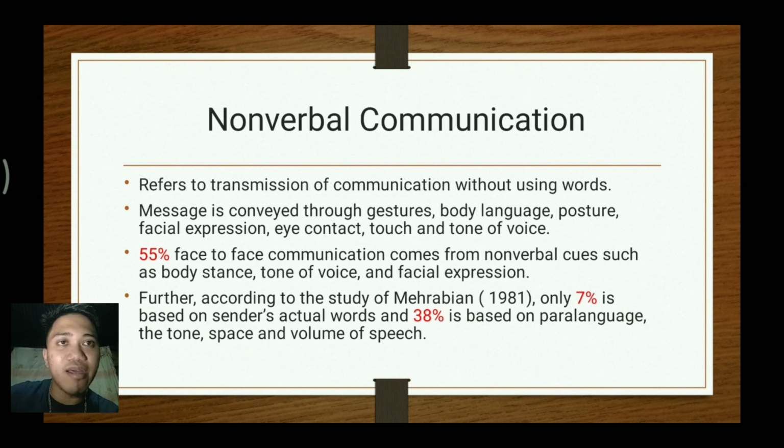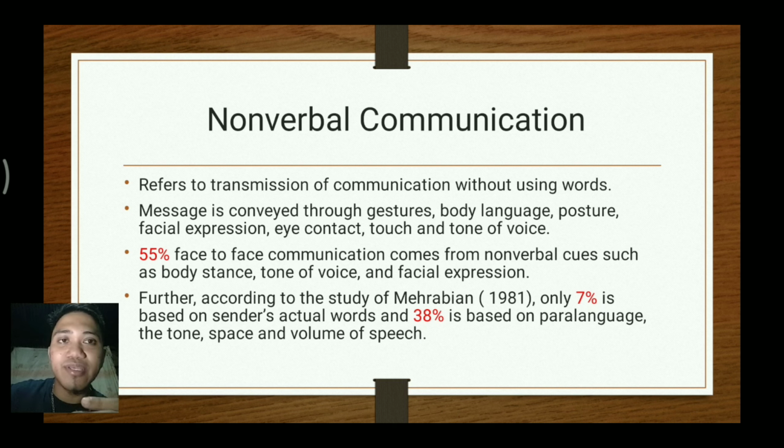Let's proceed to non-verbal communication. It refers to transmission of communication without using words. Message is conveyed through gestures, body language, posture, facial expression, eye contact, touch, and tone of voice.